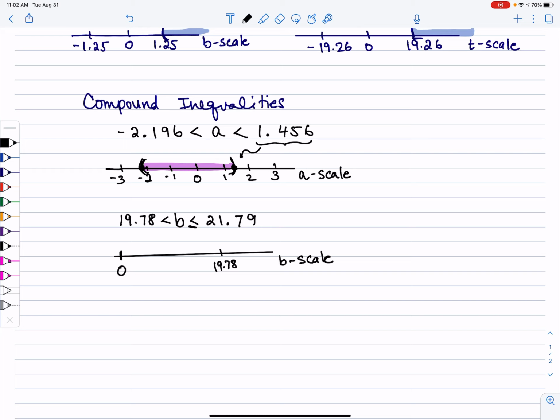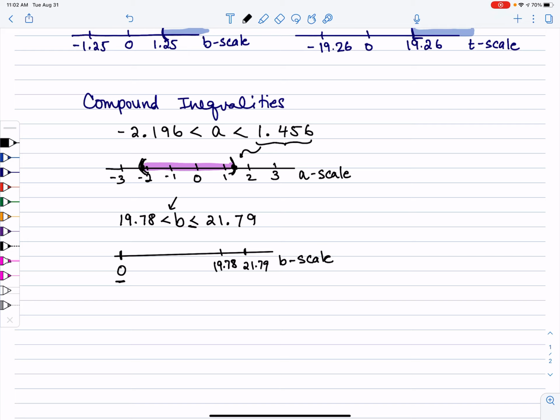And 21.79, we'll put it fairly close, because in comparison to 0, 21 will be somewhere over here. We're a little bit closer. All you want to do is approximate.